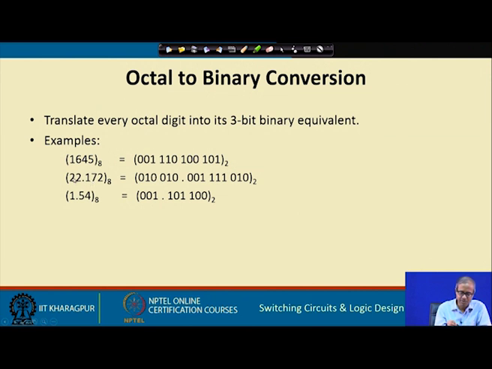Similarly, for a fractional number: 2 by 010, 2 by 010 again, then the dot, 1 by 001, 7 by 111, 2 by 010, and so on.